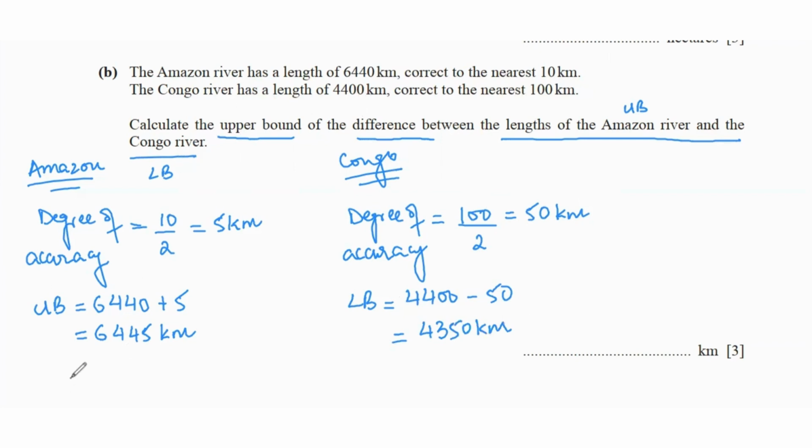So now upper bound of the difference is going to be 6,445 minus 4,350, and that is going to equal 2,095 kilometers. That's your answer.